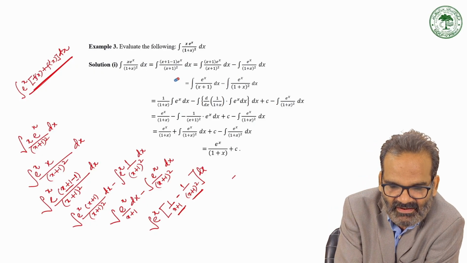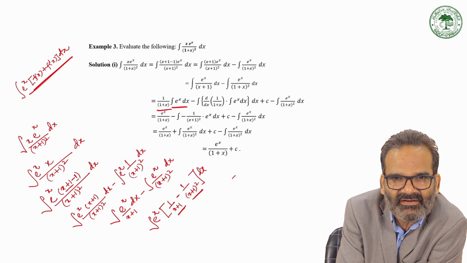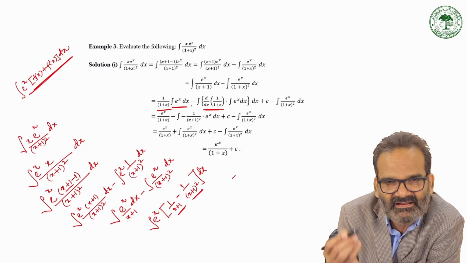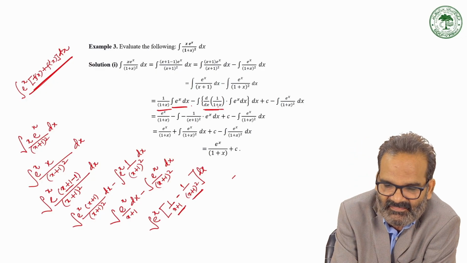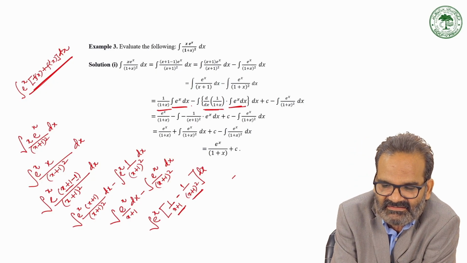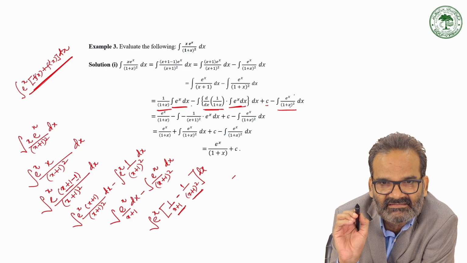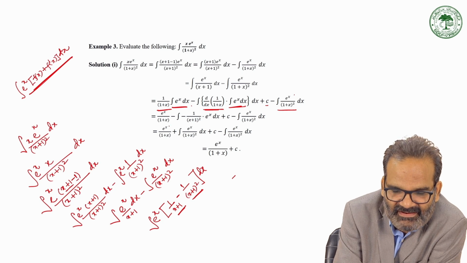So see the formula: the first function 1 upon x plus 1 as it is into integral of the second function e raised to the power x dx minus derivative of the first function, that is derivative of 1 upon 1 plus x, into integral of the second function, plus a constant, and this second function will remain as it is. So integral of e raised to the power x will remain e raised to the power x.